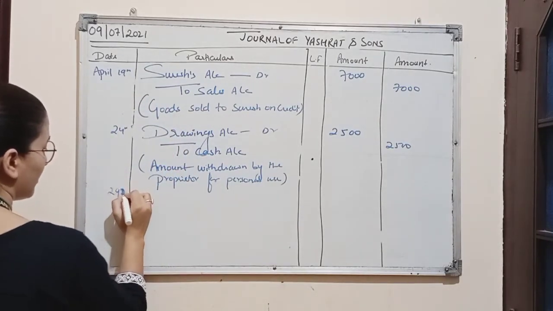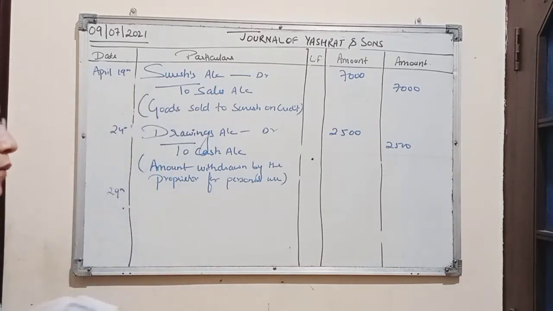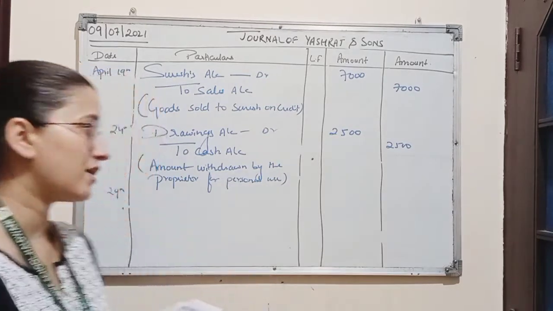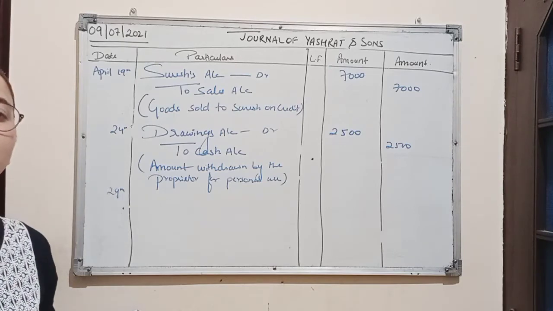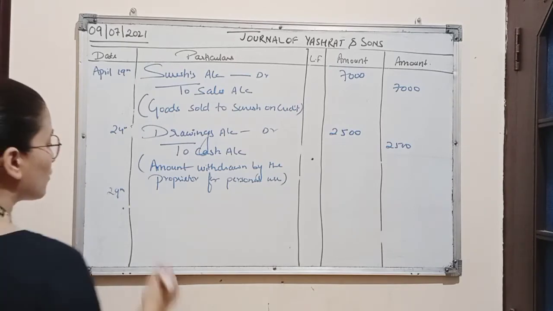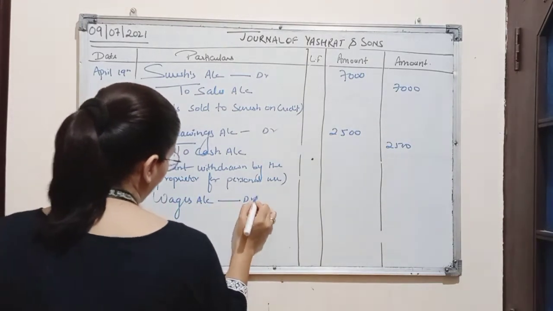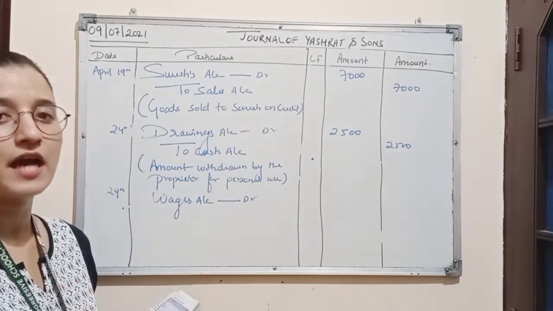Now the next transaction is on 29th April. April 29. And the transaction is paid wages. Now wages is an expense and expenses are always paid in cash. So wages is an expense, it is a real account. Real account rule is debit all expenses. So we will debit wages account. And wages has been paid by cash. Cash is a real account.